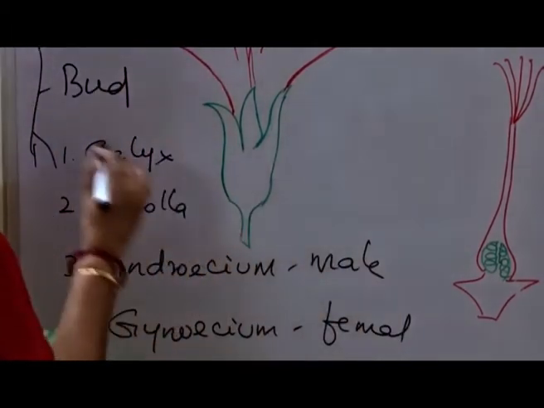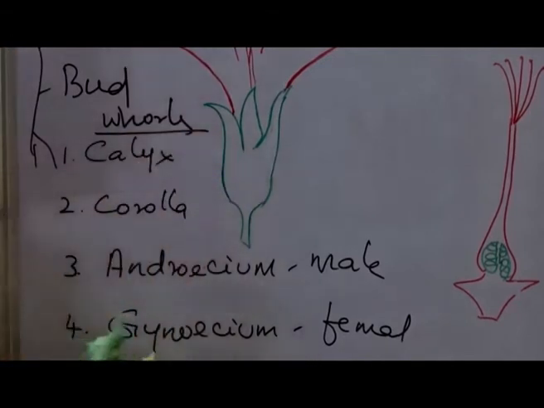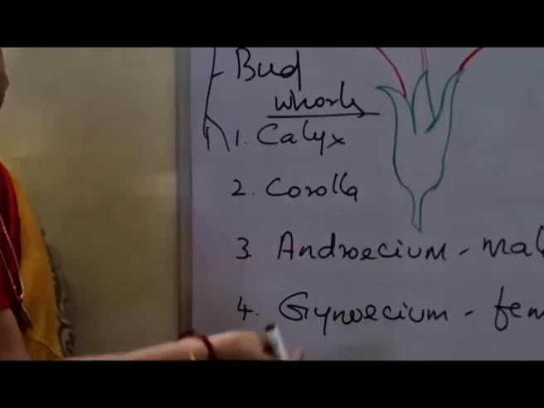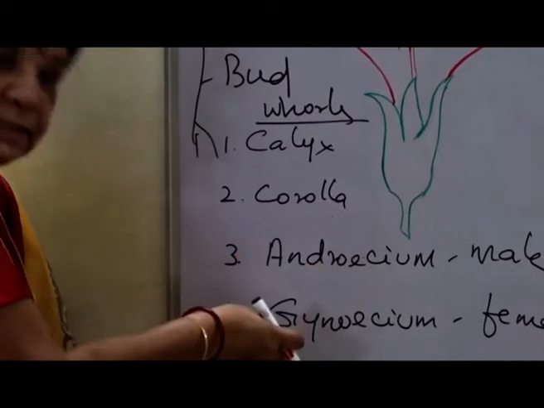These are called the whorls of the flower. Whorls, that is, how the parts are arranged: first whorl, second whorl, third whorl, fourth whorl, from outer to inner, up to the innermost.